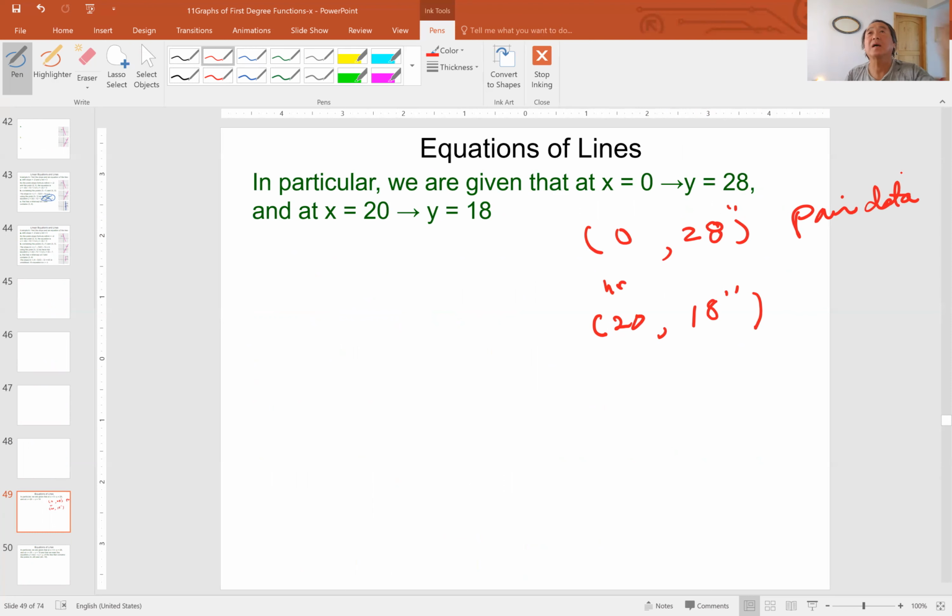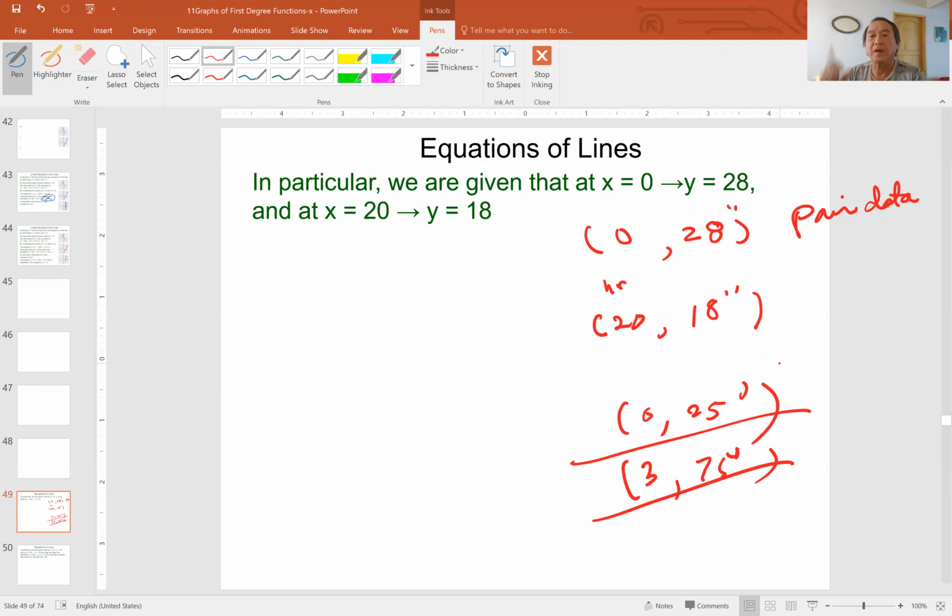At a particular time you measure, and at another time you measure again. For instance, you're boiling water on a stove. At time 0 it's 25 degrees Celsius, and 3 minutes later it's 75 degrees. It goes up, so we got two measurements. You got a pair. These are called paired data.